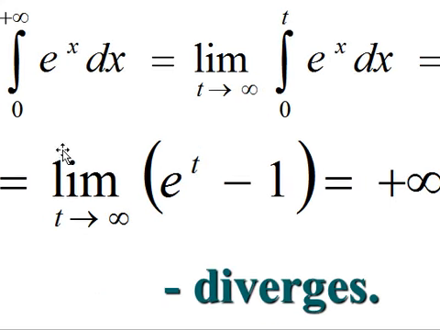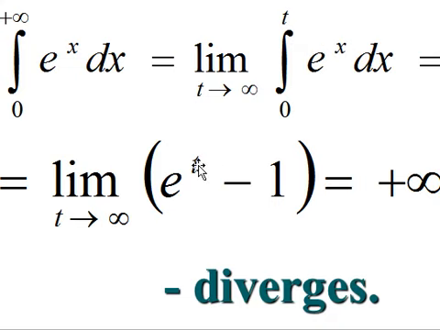The second part is from 0 to positive infinity. So here also we have to rewrite this integral as limit when t tends to positive infinity of integral from 0 to t of exponential function. Here also the result of such integral is equal to exponential itself.